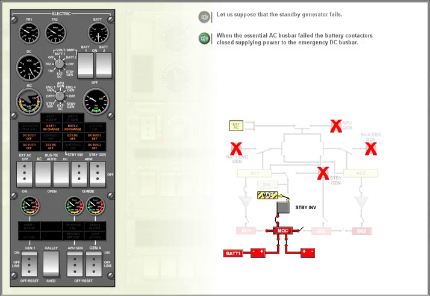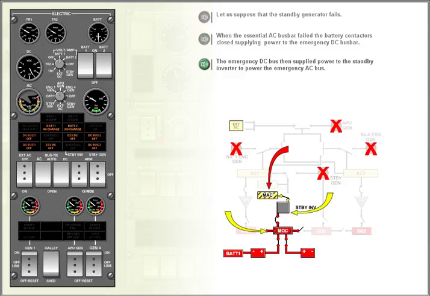When the essential AC bus bar failed, the battery contactors closed, supplying power to the emergency DC bus bar. The emergency DC bus then supplied power to the standby inverter to power the emergency AC bus.